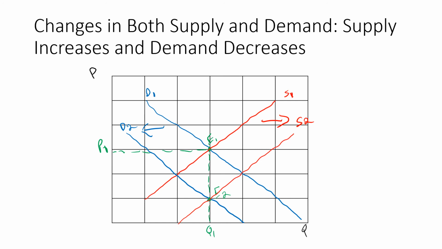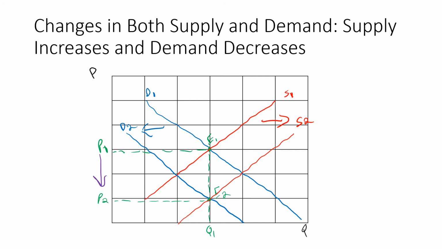Okay, notice that our new price is going to be here. And that is going to be a drop. So when we have a supply increase and a demand decrease, we know for sure that the price will fall. We don't know by how much. We're not sure what's going to happen to quantity.